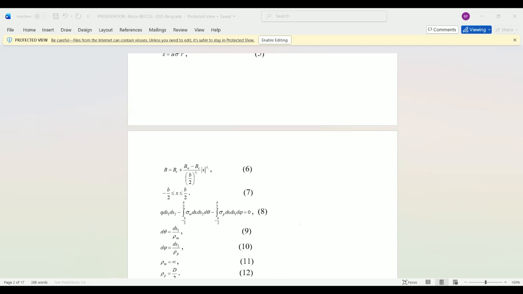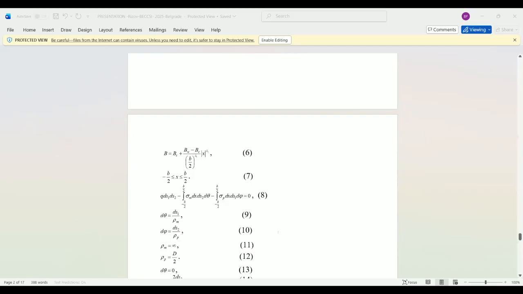In these equations, rho m and rho p are the radii of the surfaces in meridional and hoop directions, respectively. Since the tank is a circular cylindrical surface, we have dependencies given in equations number 11 and 12.